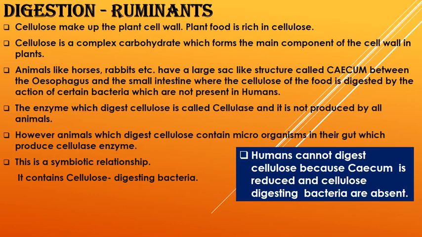The enzyme which digests cellulose is called cellulase, and it is not produced by all the animals. However, animals which digest cellulose contain microorganisms in their gut which produce the cellulase enzyme. This is a symbiotic relationship.